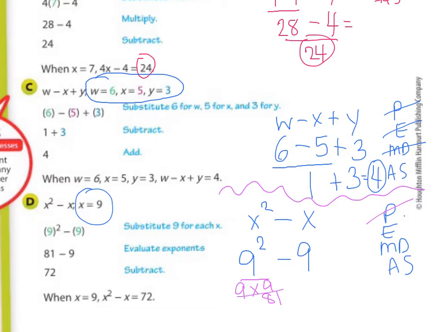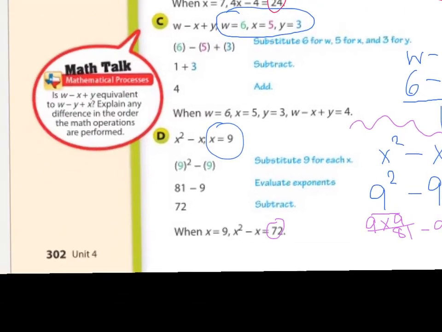Okay, now 81 minus 9. Do we have any more exponents? No. Multiplication or division? No. Addition or subtraction? Yes. 81 minus 9 is equal to 72. And that's what they got here. Woohoo! Any more?